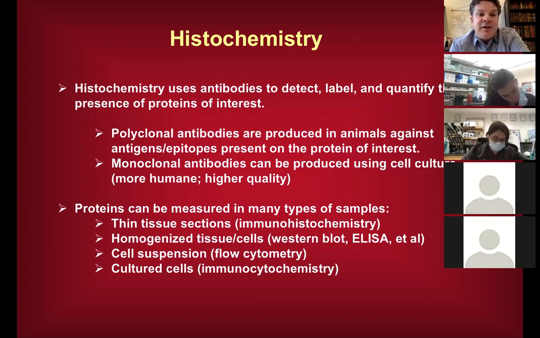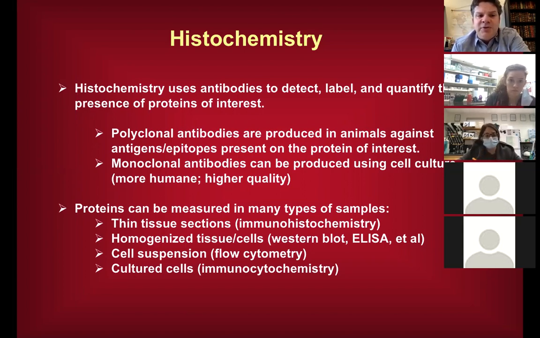Any of you who have done immunohistochemistry, let's say you're looking for microglia and you're looking at a protein called IBA1, you're using an antibody against that that's tagged, and then that allows you to look at protein expression. We'll go through how antibody binding works.